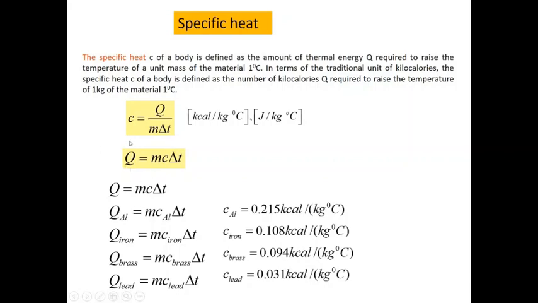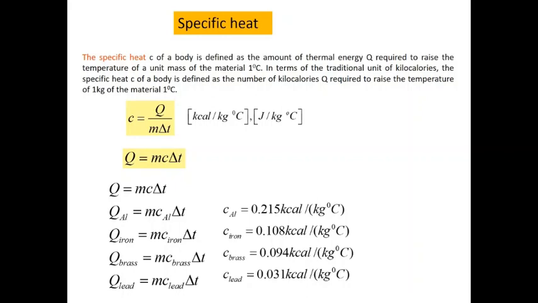Q is heat, which is measured in joules or in BTU or in calories, kilocalories. It depends on mass, the specific heat, and change in temperature. And specific heat is Q divided by m delta T. m is mass, delta T is change in temperature.